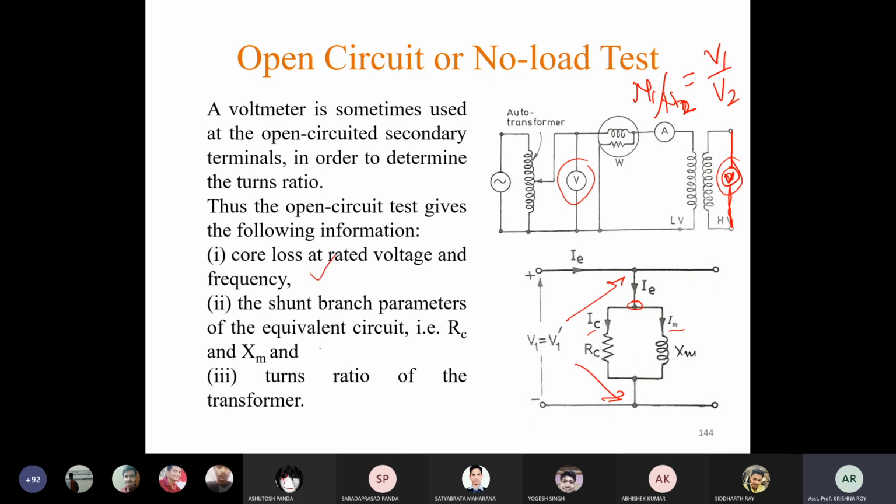Core loss, equivalent circuit parameters RC and XM, that is core loss resistance and magnetizing reactance, and also the turns ratio if we want. Okay, so that's all about this open circuit test.